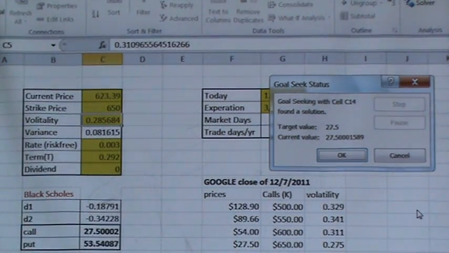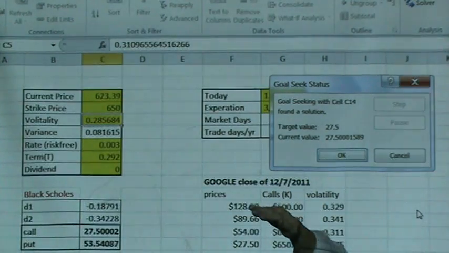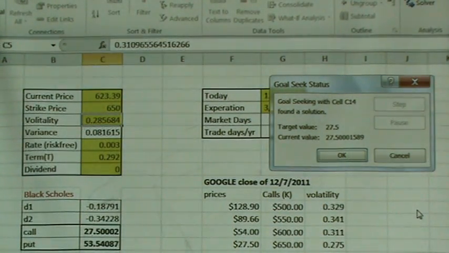Now, that's 28% per year. So the expected value is after a year, it will deviate 28% off of wherever its current price is, going up at the normal interest rate. It's then expected to deviate 28% from that. So that's a pretty high volatility stock.